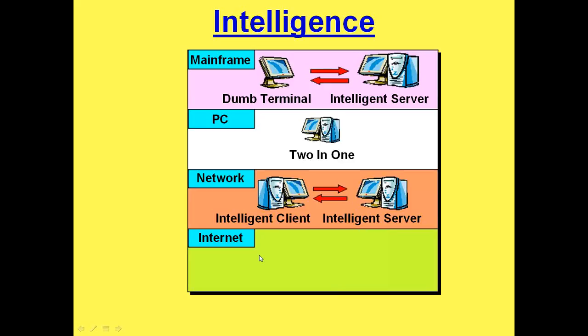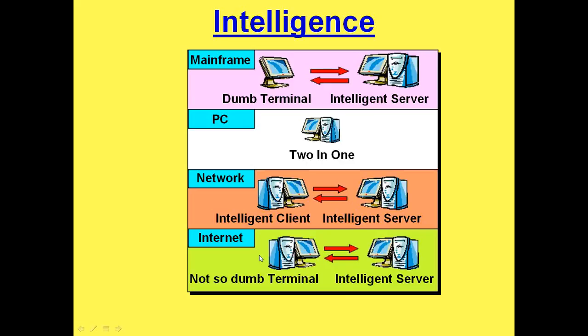And now we have the internet, worldwide connectivity. The concept is the same: one client, one server. As the technology grew, our intelligence also shifted from mainframe to PC, from PC to network, and from network to internet, worldwide connectivity.